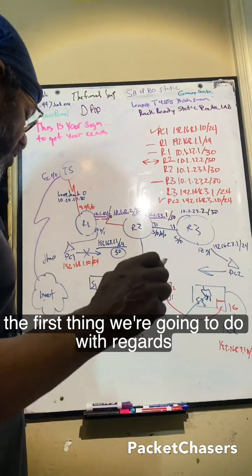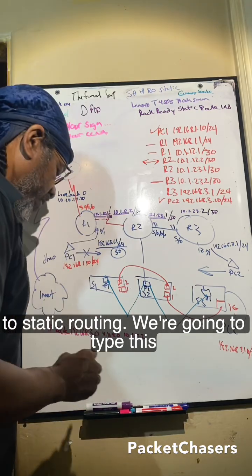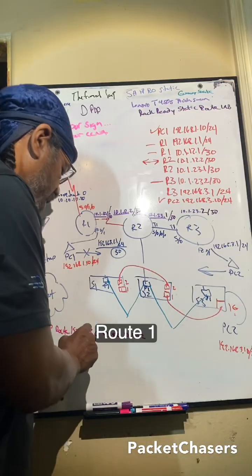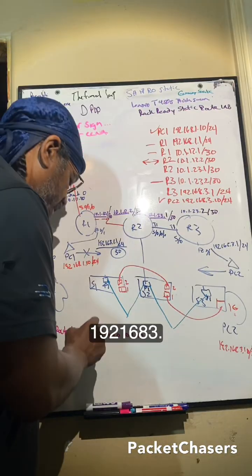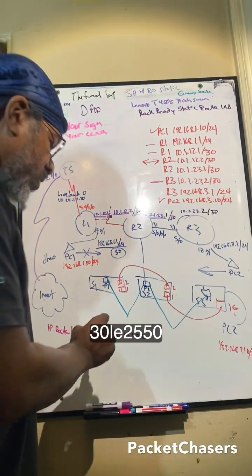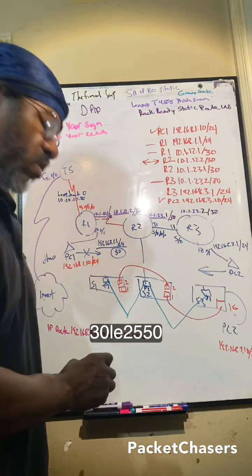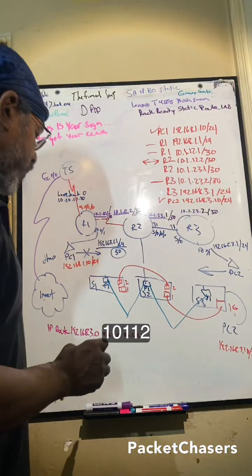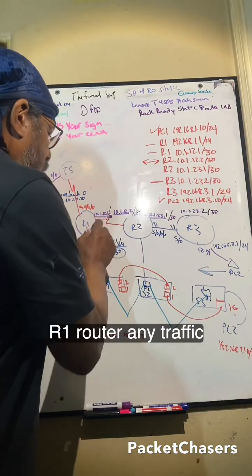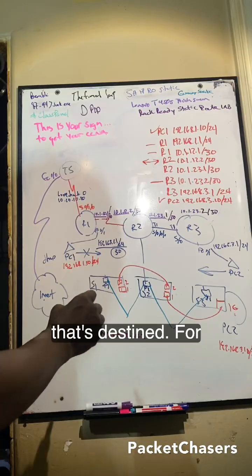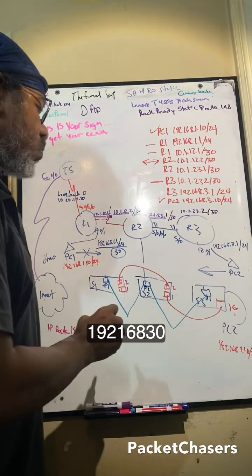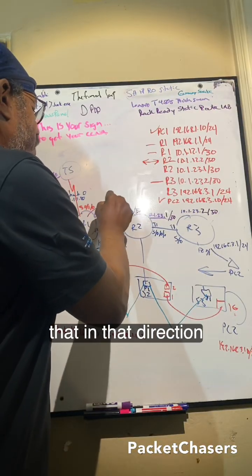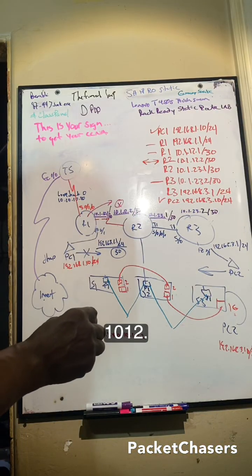The first thing we're going to do with regards to static routing is type this command into R1: ip route 192.168.3.0 255.255.255.0 10.1.12.2. We're telling the R1 router that any traffic destined for the 192.168.3.0 network, send it in that direction to 10.1.12.2.